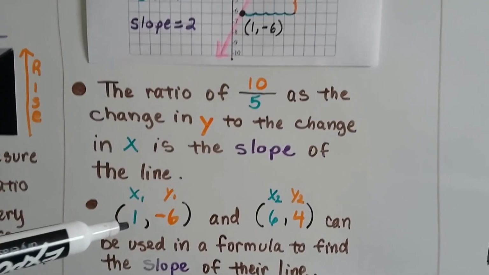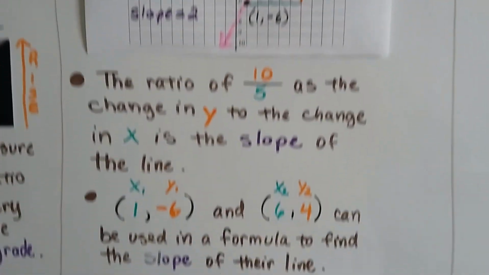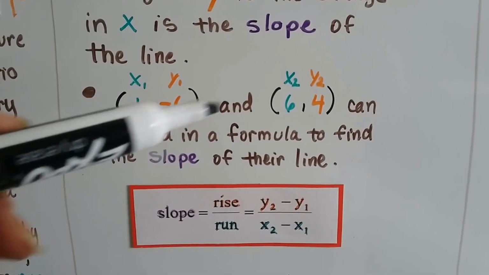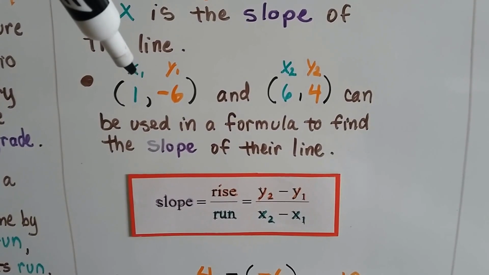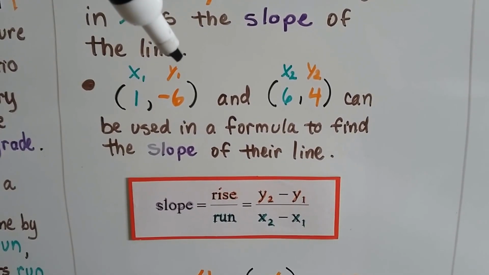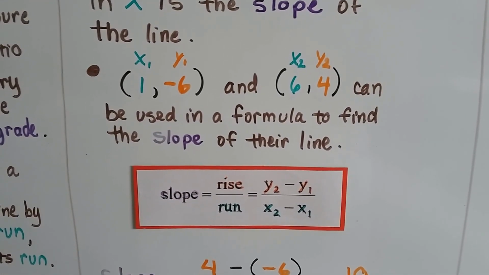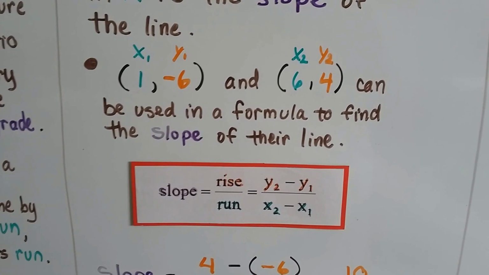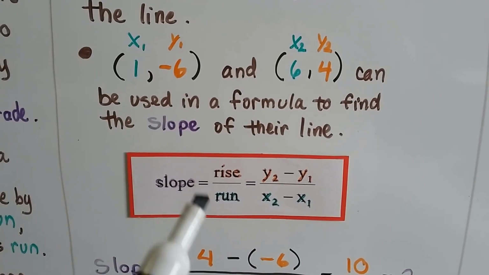Now, we could take these ordered pairs, (1, -6) and (6, 4), as x1, y1, x2, y2. See, because that's the first x, so that's x1. This is the second x, so it's x2. That's the first y, so it's y1. That's the second y, so it's y2. And we can use these ordered pairs in a formula to find the slope of their line. So the slope is the rise over the run.